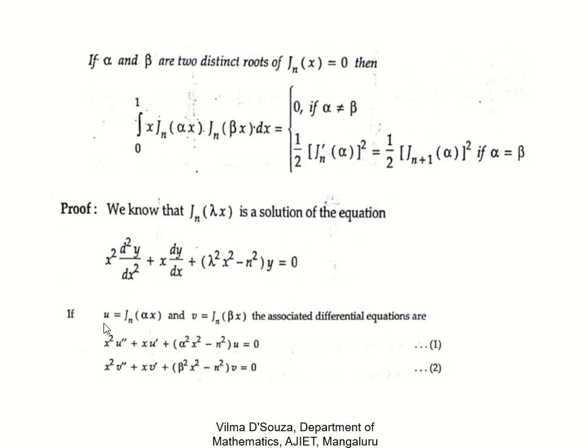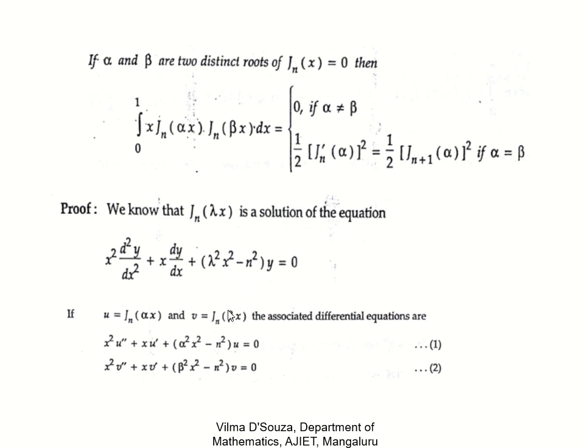Now if u is equal to Jn of alpha x and v is equal to Jn of beta x, then the differential equations are: x square u double dash plus x into u dash plus alpha square x square minus n square into u is equal to 0.